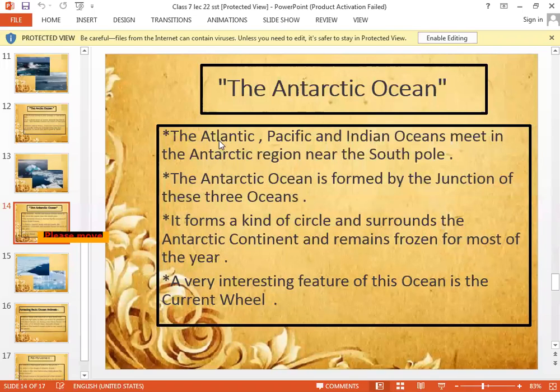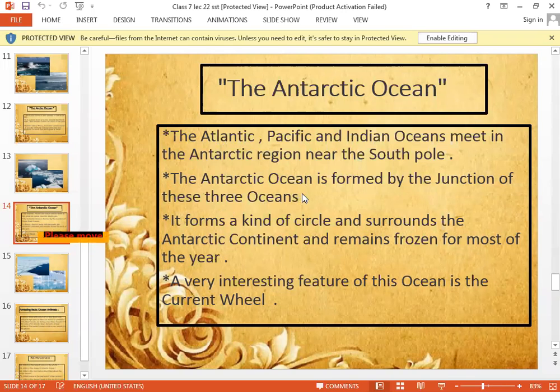Is it clear? So these three largest oceans of the world meet in the Antarctic region. And what are these three oceans? Atlantic, Pacific, Indian. These three largest oceans meet in the Antarctic region near the South Pole.